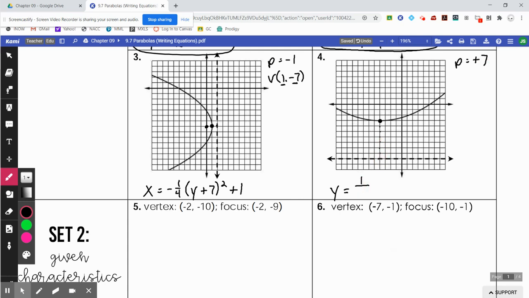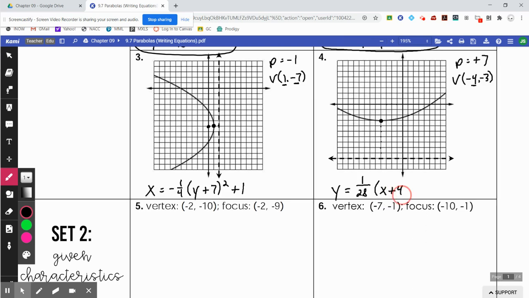So I have 1 over 4 times p will be 1 over 28. My vertex for this one is located at negative 1, 2, 3, 4, so (negative 4, negative 3). So therefore, in order to move it left 4, I'm going to put a plus 4 on my x. In order to move it down 3, I'm going to put a minus 3 at the end, and there would be the parabola.